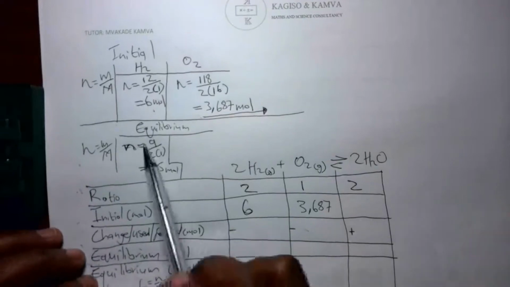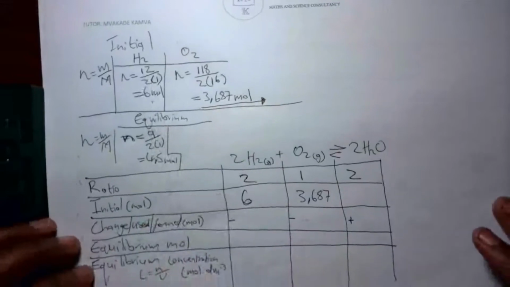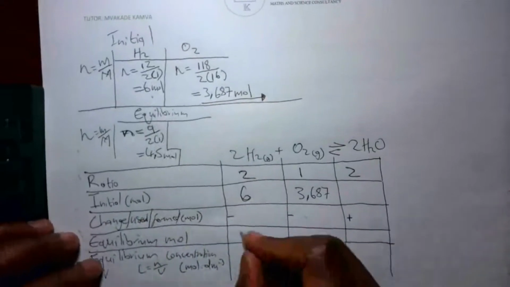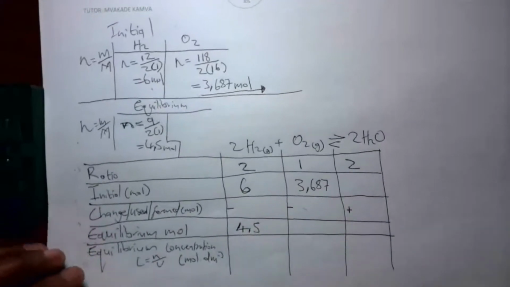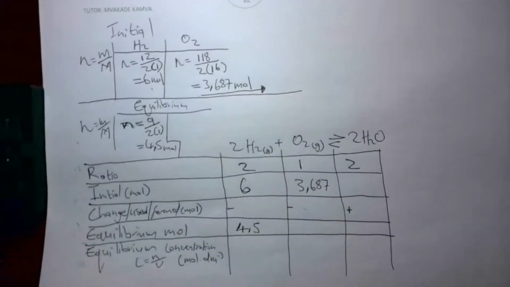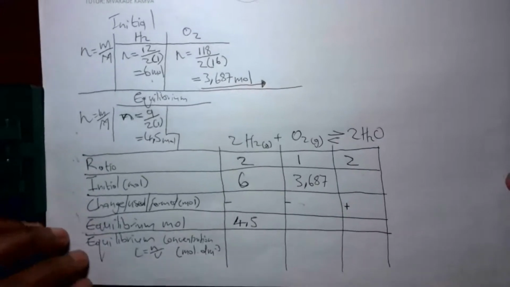So at equilibrium we've got 4,5 moles of what? Of H2. Here is going to be 4,5 mole. For us to calculate Kc, we need to fill up this table.